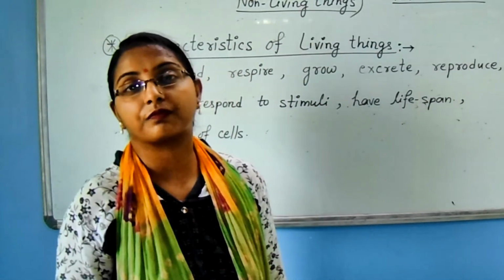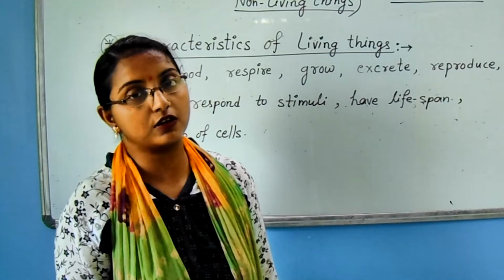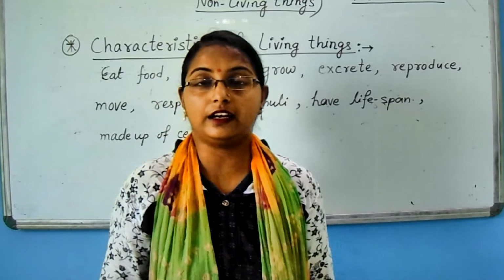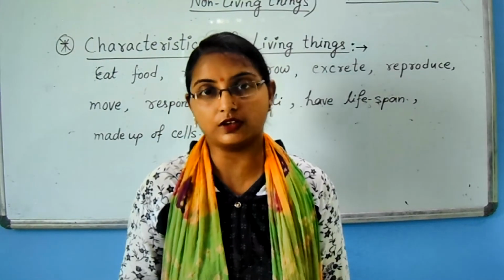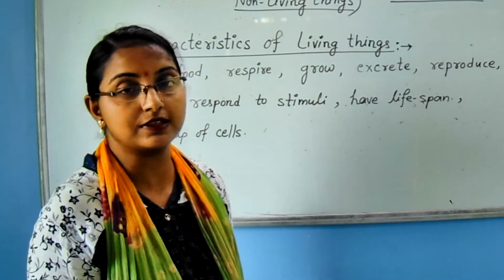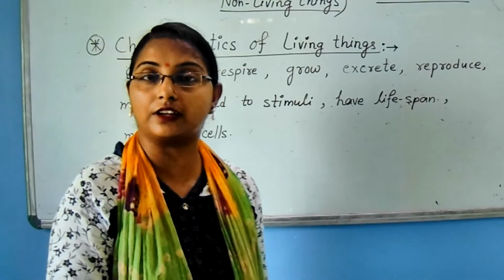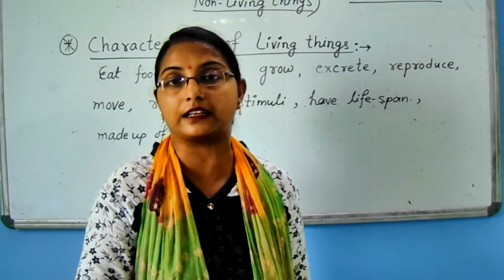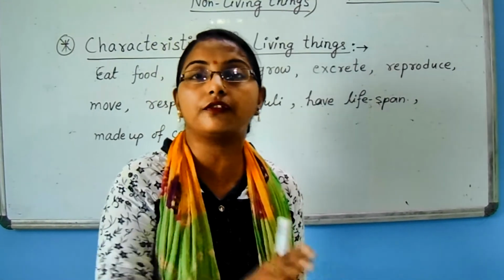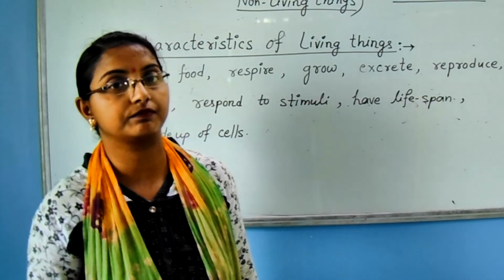Below this, plants and animals also have some differences. In class 4 or 5, have you learned the difference between plants and animals? Yes, they are living beings. But in some phases, they are different from each other. वे एक दूसरे से अलग हैं.